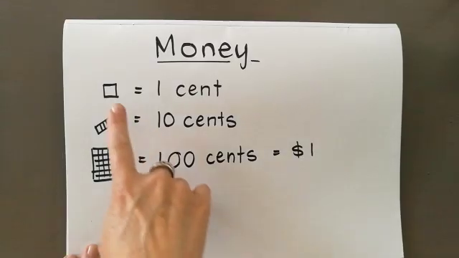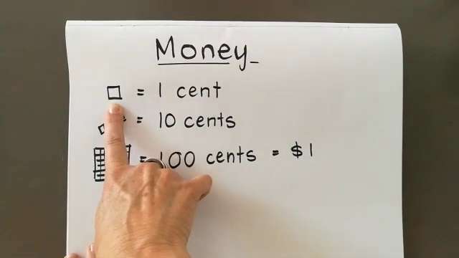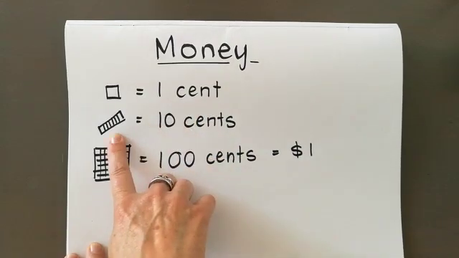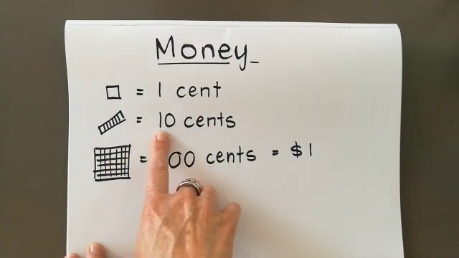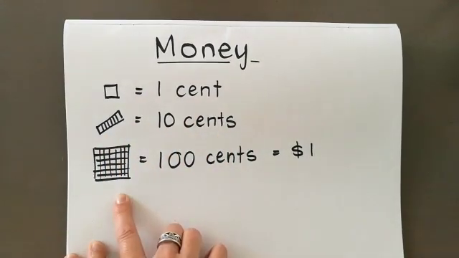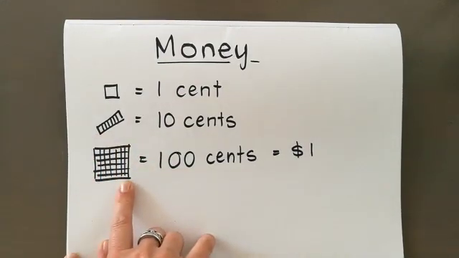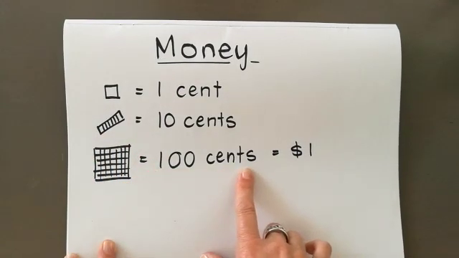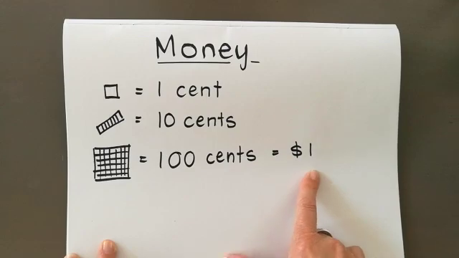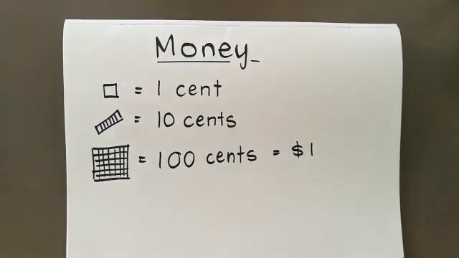So just remember that 1 cube equals 1 cent. 1 ten stick equals 10 cents. And 1 flat 100 equals 100 cents, which is the same as $1.